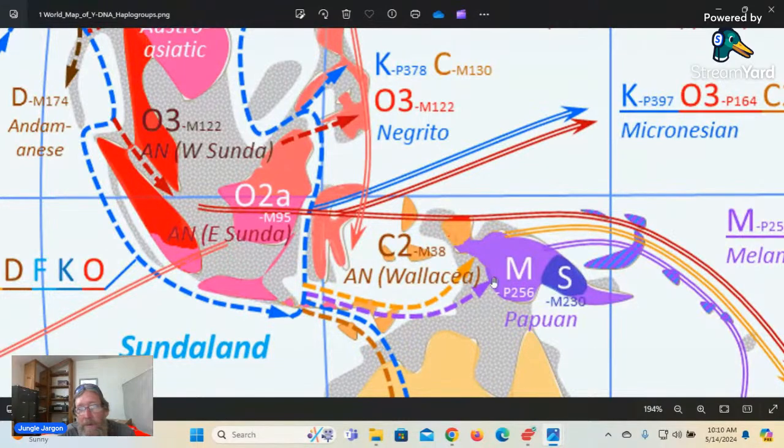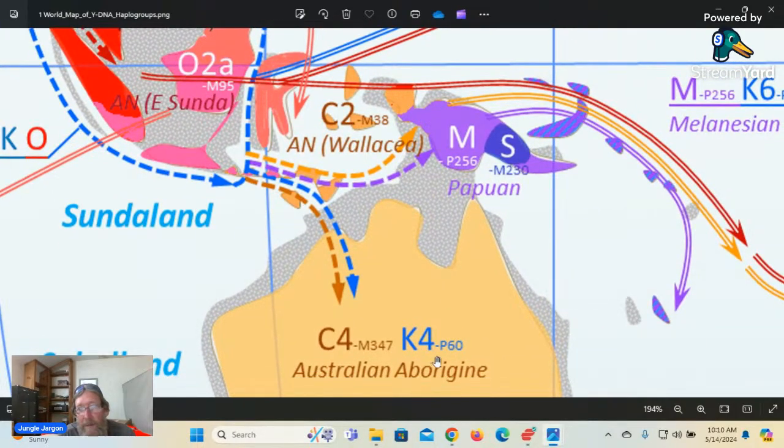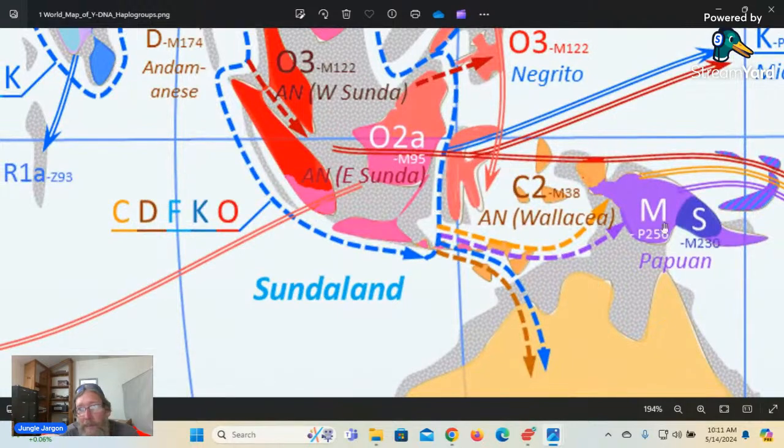And of course, the M and the S are very closely associated with the only other Eurasian haplogroup in the area, which is K. And you look at the charts, and K and M and the S have the same origin. And of course, M has the same origin as the S, except that they separated so far back, they assigned them different letters because of how far back they separated. And from the K too, which is Tubal. But they're still descendants of Tubal, just the same.